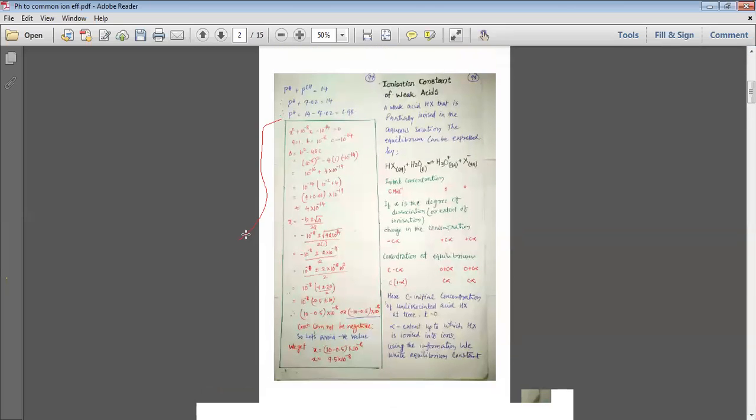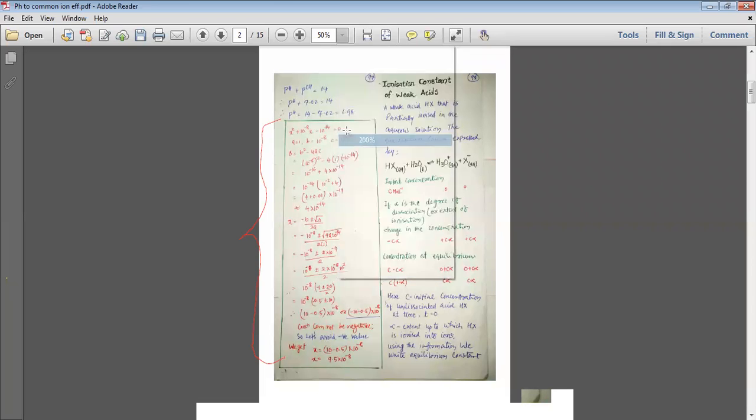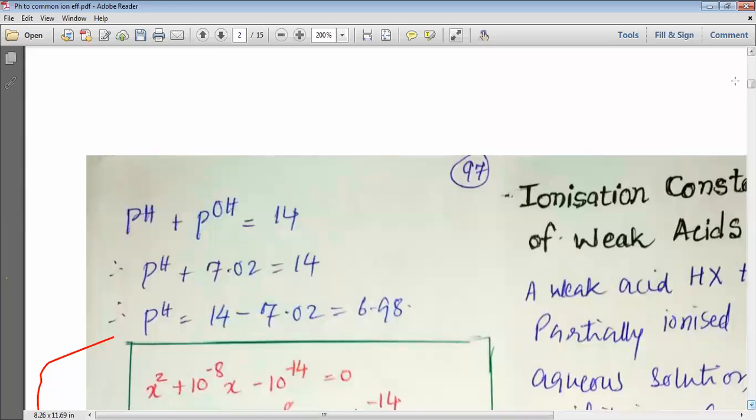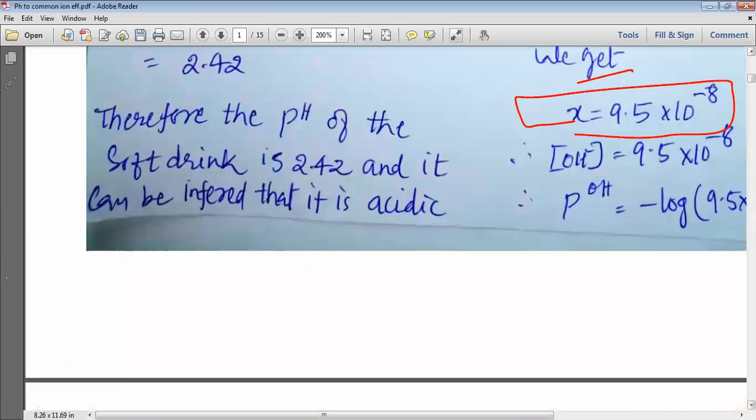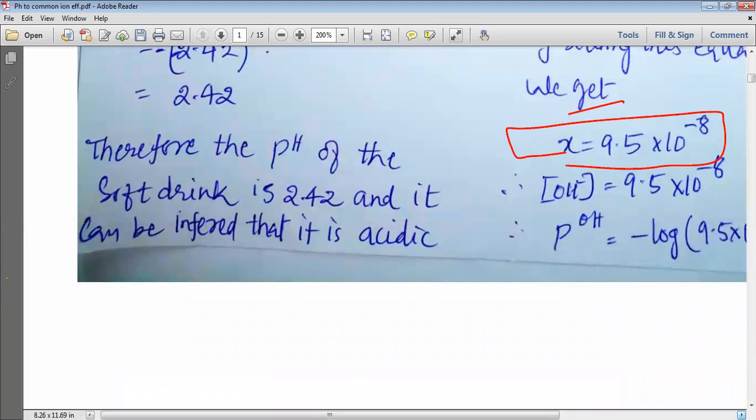This is the calculation I have done for you so that you can understand how we get this value of x. Here this value x is equal to 9.5 × 10^-8. I have already shown you how we get that calculation, and these notes have already been sent to you.